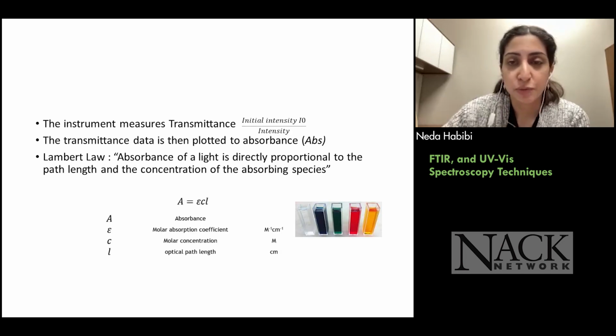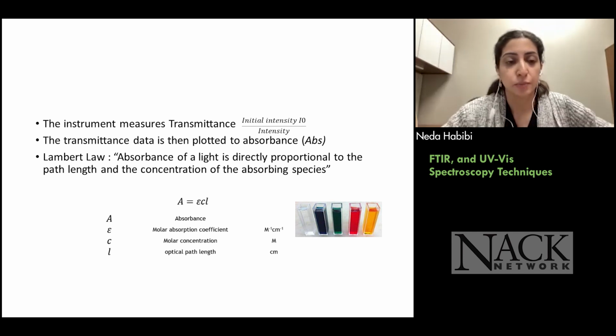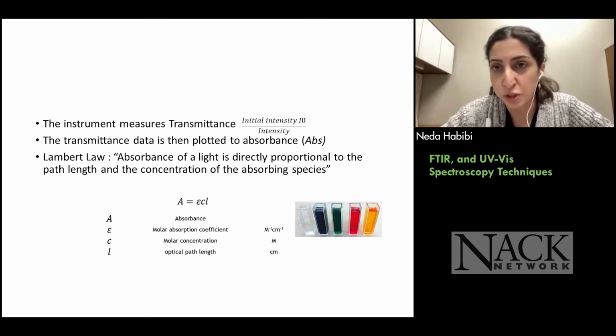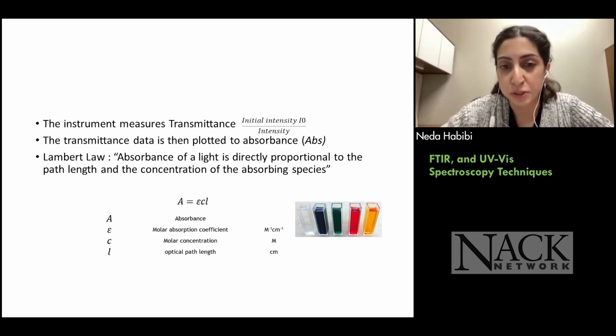So the UV-visible spectrometer actually measures the transmittance, which is the initial intensity that is shined through the sample versus the intensity that is passing. Then the transmittance data is converted to absorbance with the Lambert-Beer law, which indicates that the absorbance of light is directly proportional to the path length and the concentration of the absorbing species.